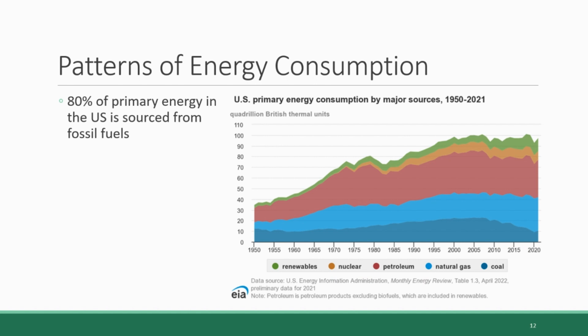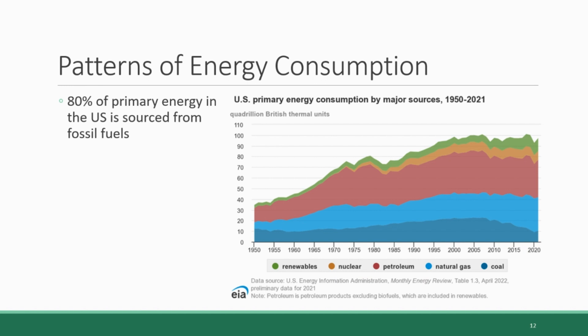And you can see that reflected on the graph here, which runs through the year 2021. So on this graph, the key is down at the bottom. Only the green and orange sectors, which represent renewables and nuclear energy respectively, are non-fossil fuels. Everything else, the red being petroleum, which is oil, the light blue being natural gas, and the dark blue being coal, that's all fossil fuels.